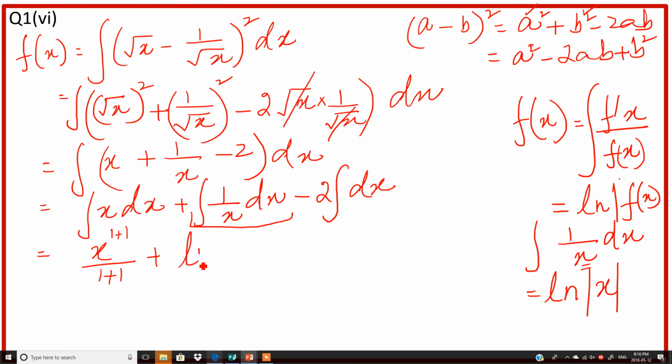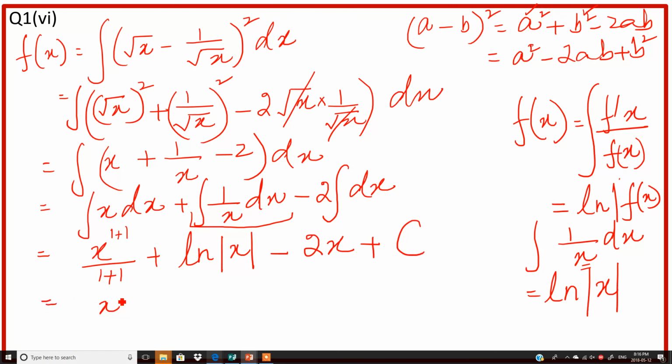Same thing you have to write down, natural log of x, minus 2 and dx, for this is the integration of dx or 1 dx plus constant of integration.